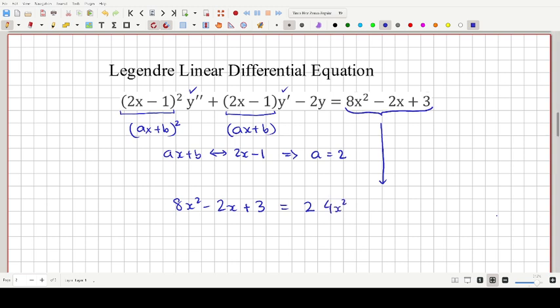Now 4x squared can be written as 4x squared minus 4x plus 1 plus 4x minus 1. Let's put all of these things in a bracket, then minus 2x plus 3.